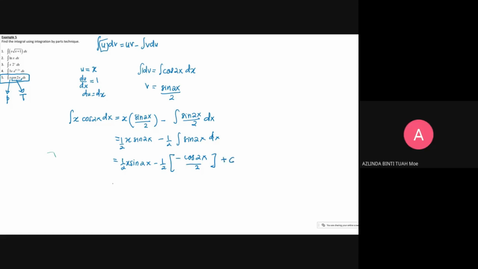Okay, simplify your answer, plus C. 1 over 2 x sine 2x plus 1 over 4 cos 2x plus C. Okay, that's it.